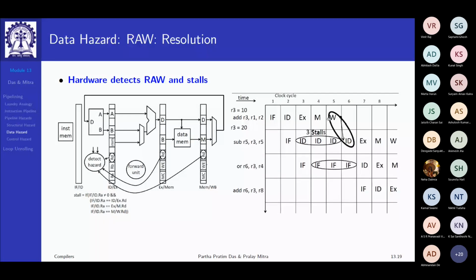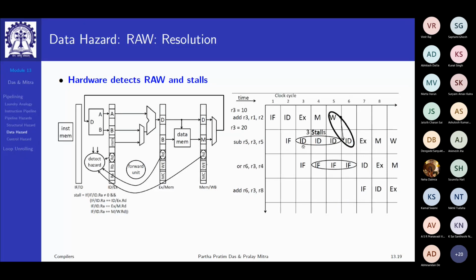So these are the stages of add. So add will finally have the value of R3 updated in this cycle, cycle 5. If you look at sub, in cycle 2, it has been fetched.